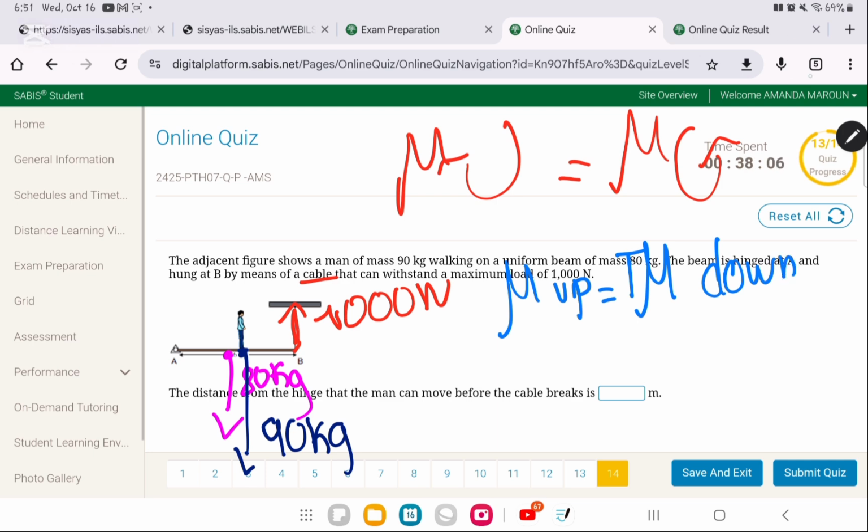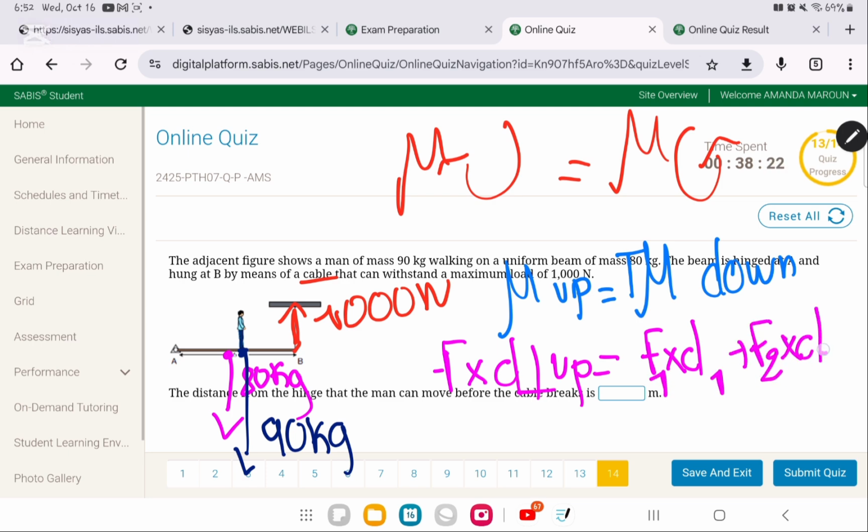So the moment up is equal to the total moment down, so force times perpendicular distance of up is equal to force 1 times perpendicular distance 1 plus force 2 times perpendicular distance 2 of down. If we substitute, the force going upward is 1000 newtons multiplied by the distance from the axis, which is 6 meters.